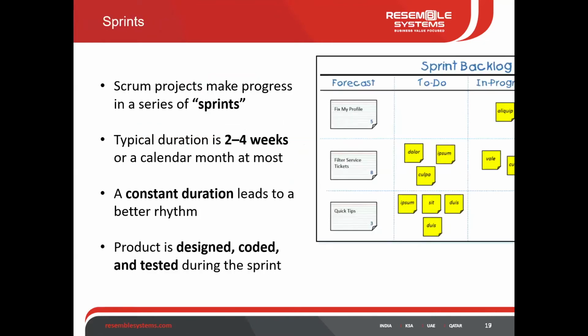So to explain more, this is the definition of sprint. Any Scrum based projects are executed in sprints. So you can see the first line of what is mentioned: Scrum project makes progress in a series of sprints.